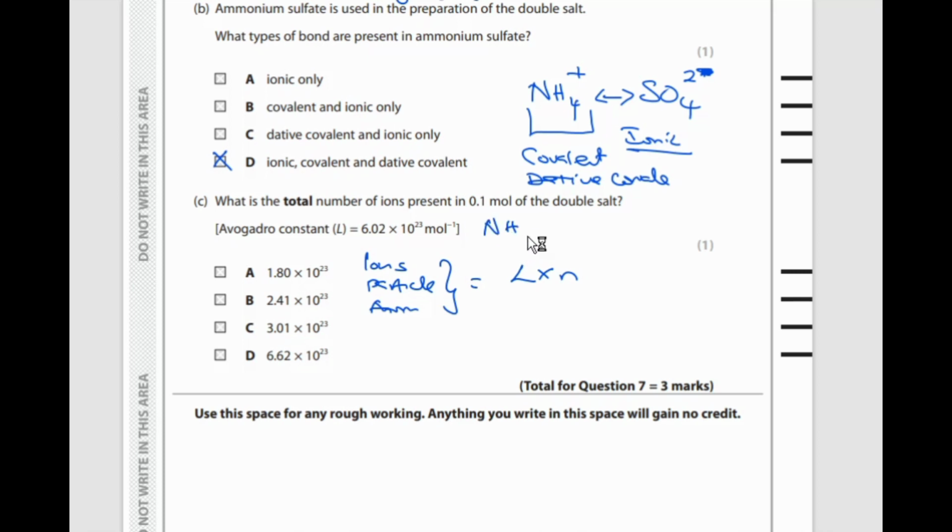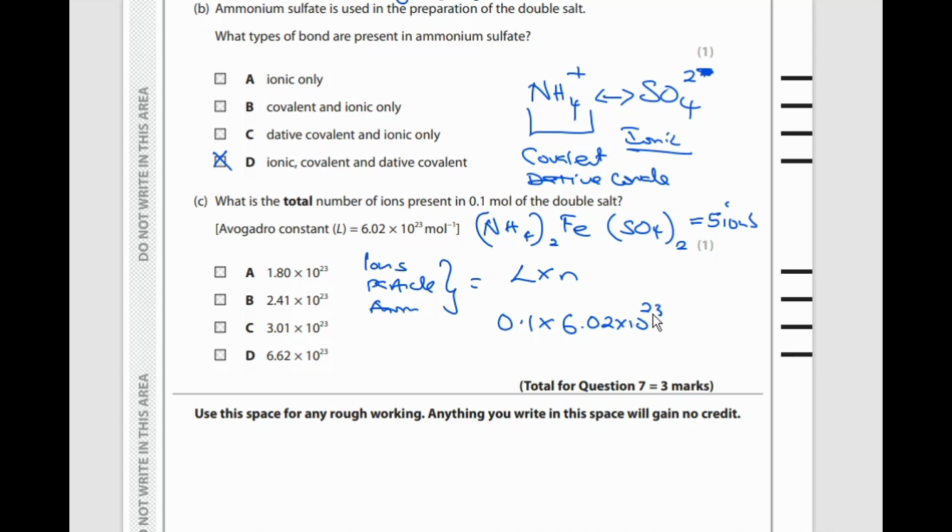In our case, we need to refresh and look at the double salt. How many ions do we have? You'll realize that we have ion number 1, ion number 2, and ion number 3. So in total, we have 2 ions, 1 ion, 2 ions. So we have 5 ions in total.